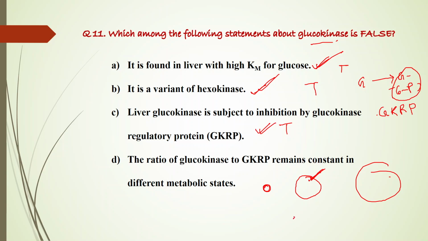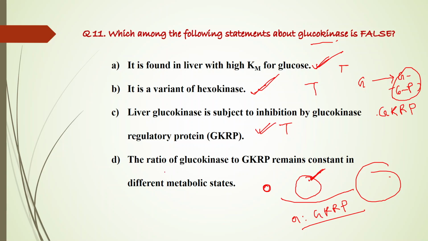But if the ratio of glucokinase to GKRP remains constant no matter the amount of glucose present and no matter the metabolic state, then there will be no regulation. Whenever GKRP sees glucokinase interacting with glucose, it will stop the reaction. But we do not want that. We need a regulation.